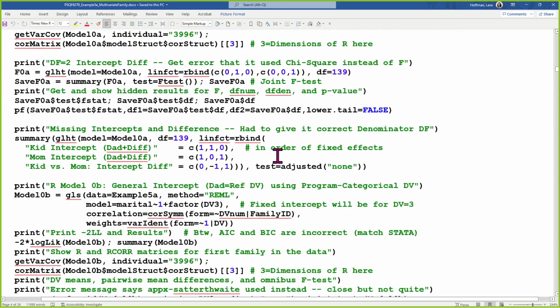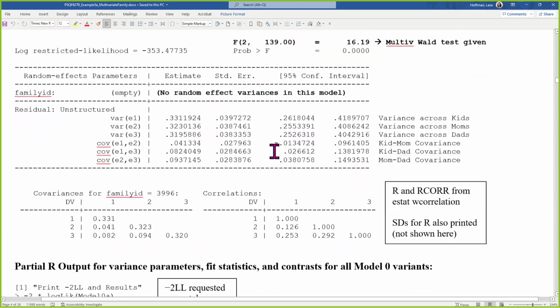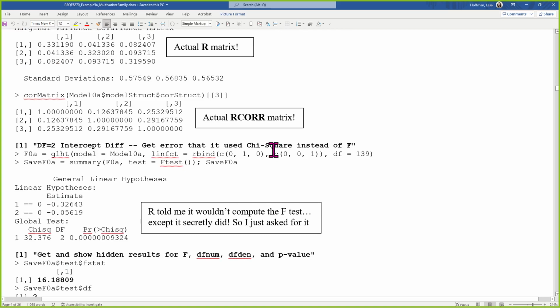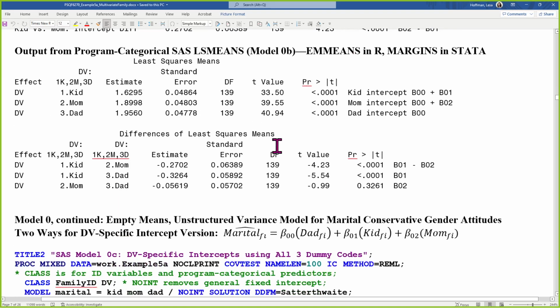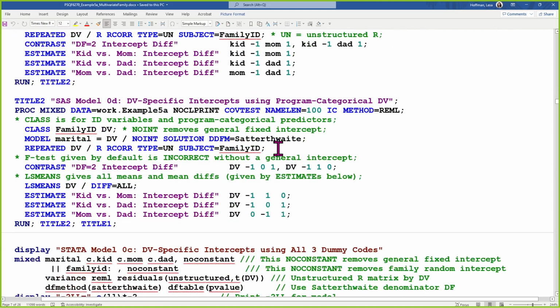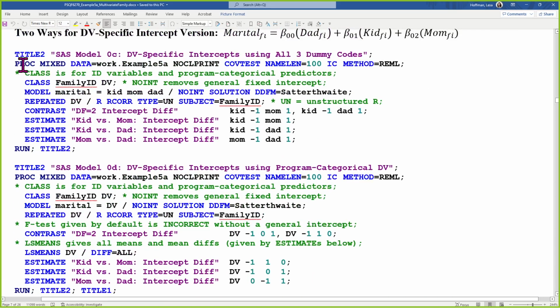So that's what we'll do in this example. The version that I'm rolling with is the version I called 0C, which is this right here. So I wrote out the 3 dummy codes that I made, and those are going to be my custom intercepts for each outcome. That means that any differences between them are going to have to be linear combinations, such as set up here.